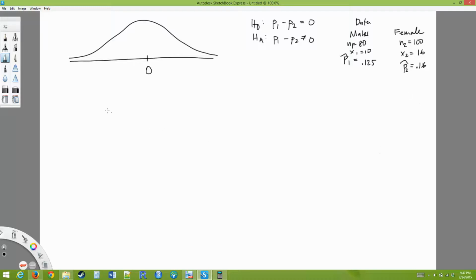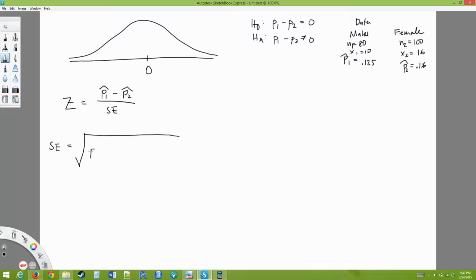Our z-score is going to equal P1 hat minus P2 hat divided by our standard error. And our standard error, this is where things get ugly. It's just this ugly formula. There's nothing we can do about it, so don't get mad at me.